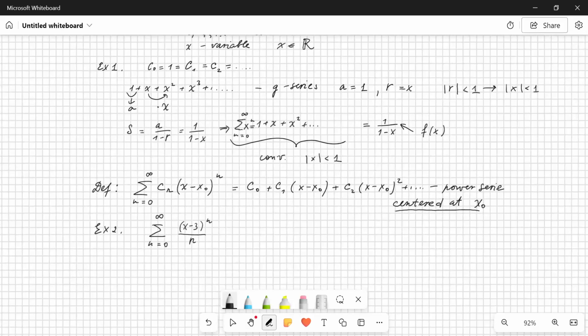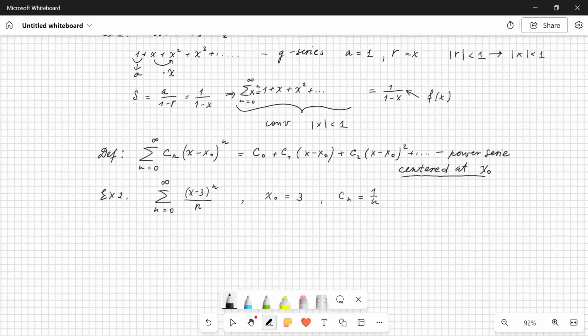Nice power series, right? So what is what over here? According to my definition, my x0 here equals what? 3, right? My coefficients are going to equal 1 over n. You don't need to write it down every time. I'm trying to show what is what in this series.